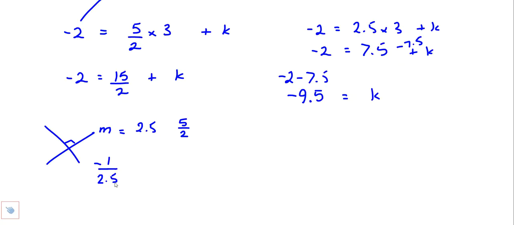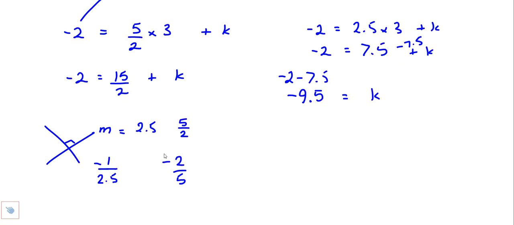But you can't have the decimal as part of the fraction. There was only one mark for it. Actually, if I look at the 5 over 2, it becomes negative 2 over 5.